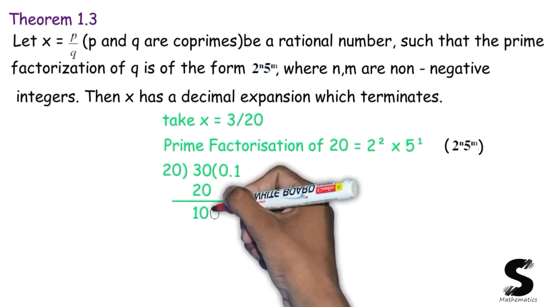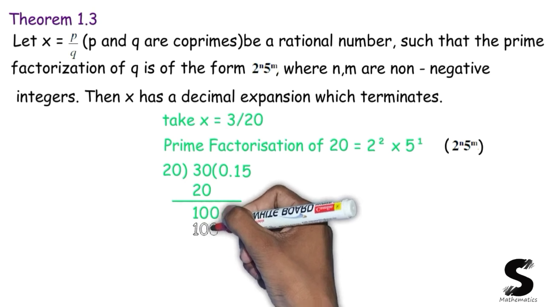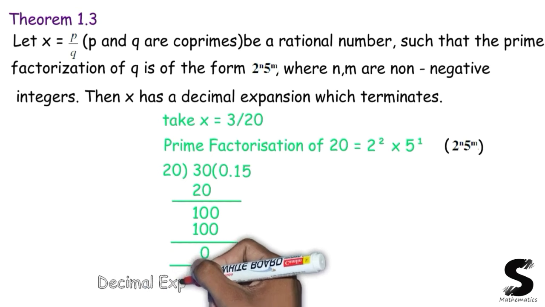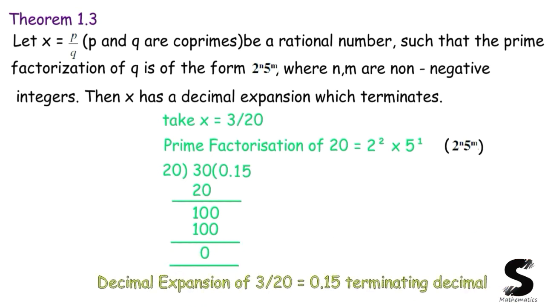Again, write 0 beside 10. 2 5s are 100. The remainder is 0. So the decimal expansion of 3 by 20 is 0.15. That is, we got a decimal expansion which terminates.